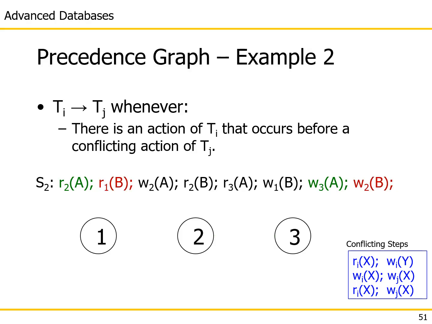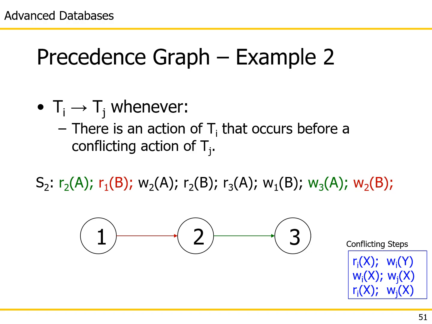We scan it again, and we see that transaction 1 is reading B, transaction 2 is writing B. That is again the third conflicting step in the blue box, so that implies that 1 needs to come before 2. So what we have found up till now is that 1 is before 2 and 2 is before 3.